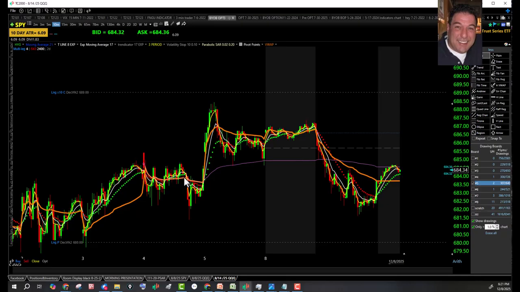Here's the VWAP line, and it doesn't jump all the way up here, it stays constant right through there. That's my trick: I use the anchored VWAP on the beginning of the previous day, so I can weed out that jump.